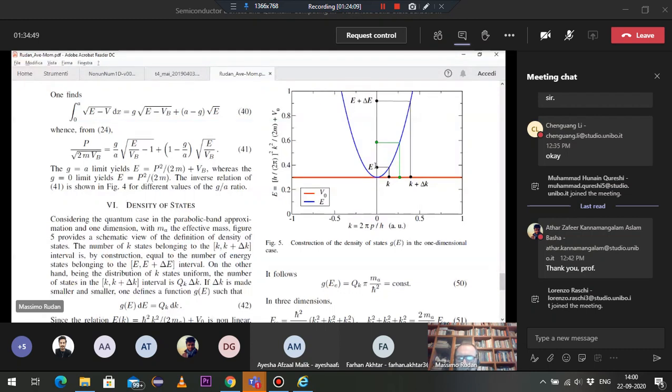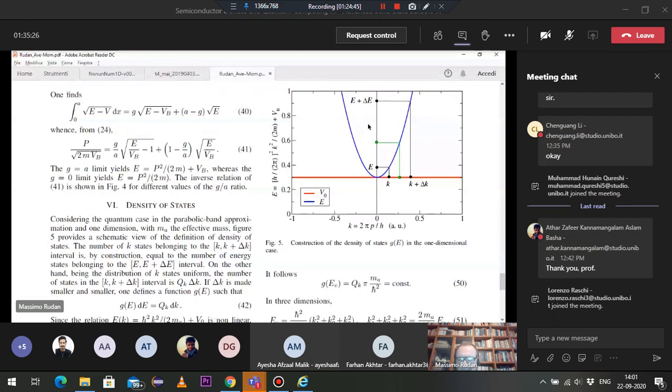So we want to understand how the energy points corresponding to the K points are distributed over the vertical axis. Of course, the distribution will not be uniform because the relation between K and energy is non-linear. Okay? So you remember that the K vectors are discrete, but they are very dense.